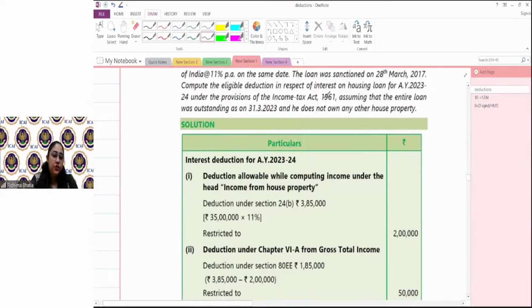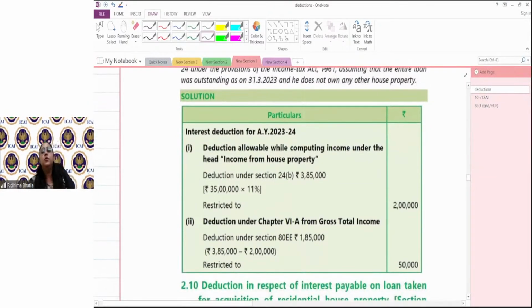So because of 80EE, a person who was only getting the benefit of interest on loan under 24B can now claim more benefit of interest on loan under section 80EE. But I'm saying again and again, you will not get the benefit on the same amount in both places. First use that amount in 24B. Then if still some amount is left, use that amount in 80EE. Got it?